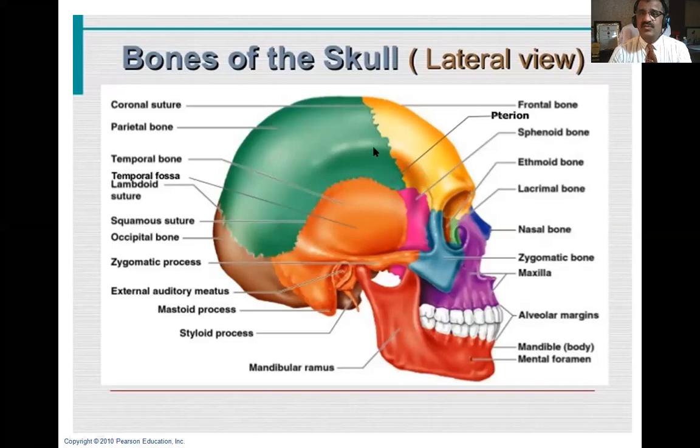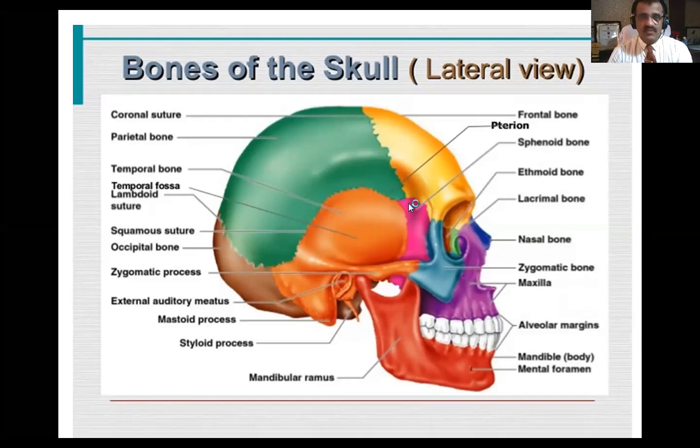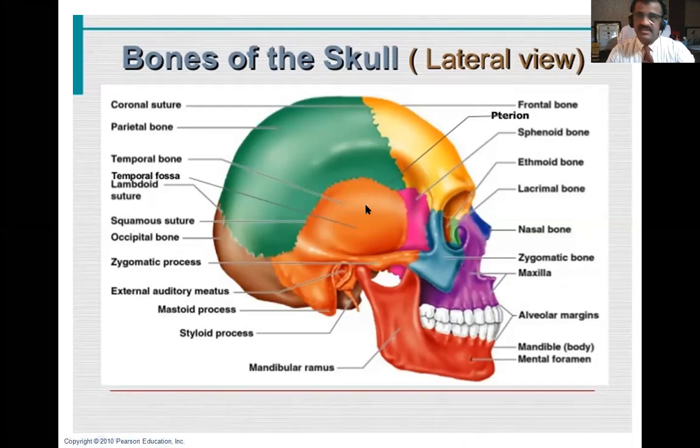You can see the parietal bone totally, and the temporal bone fully, part of the occipital bone, and the lateral side of your mandible. The zygomatic bone is seen. You can see the zygomatic arch, which is formed by two bones, zygomatic from the front and temporal from behind. And a small point, the meeting point of all four bones here: the pterion.